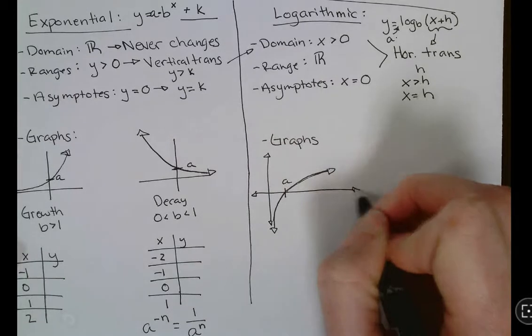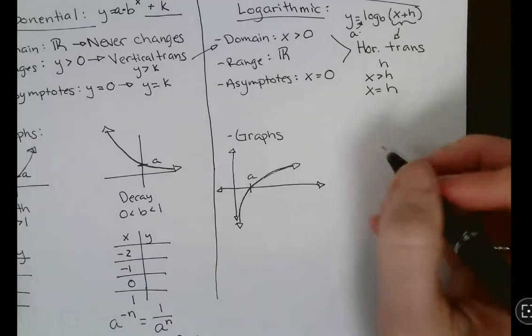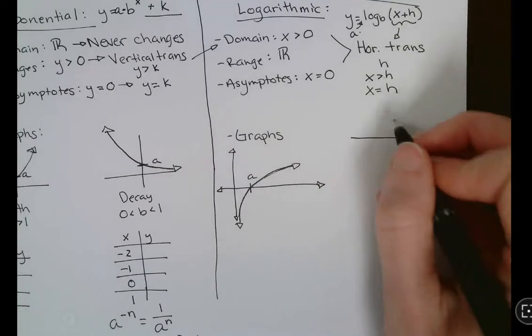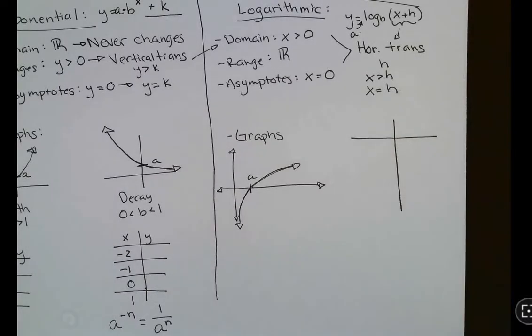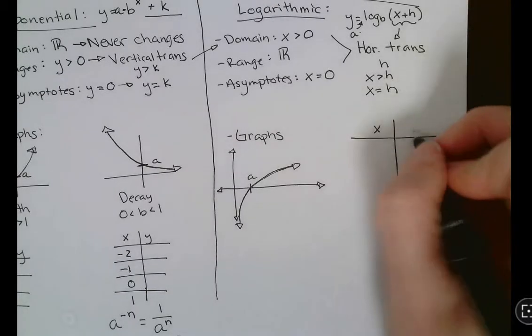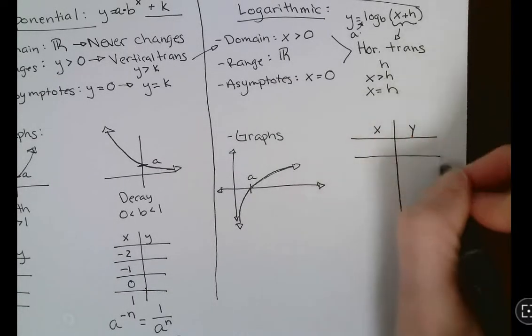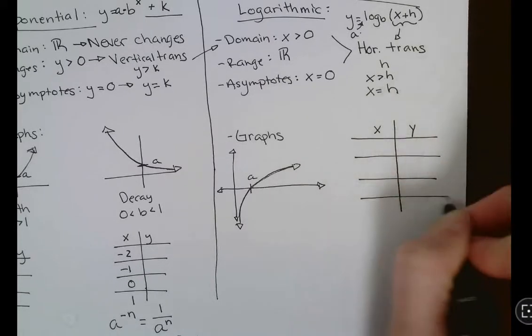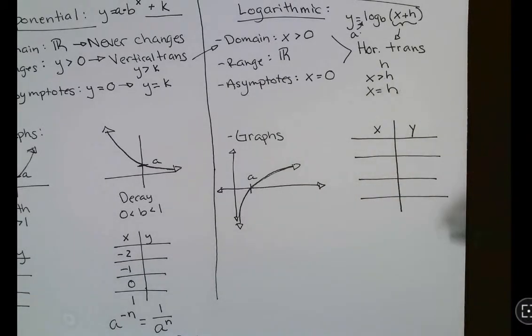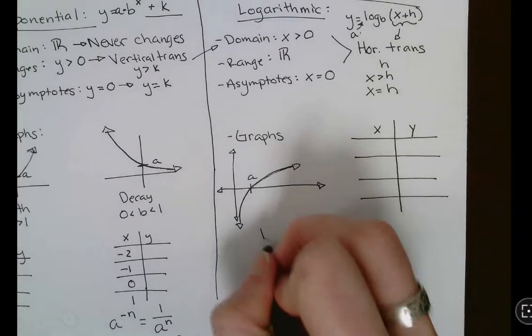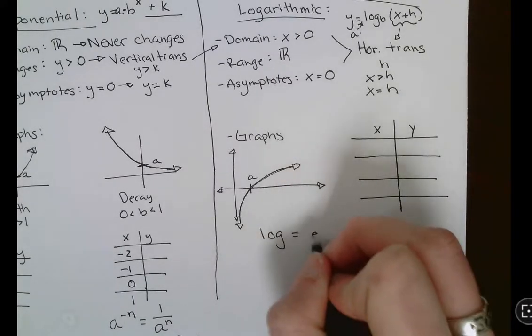For graphing these, I always like to use a pattern that helps me find my points more easily, x and y. If I choose strategic x values, it's going to make my y values very easy to find. So remember, logarithms equal the exponent.